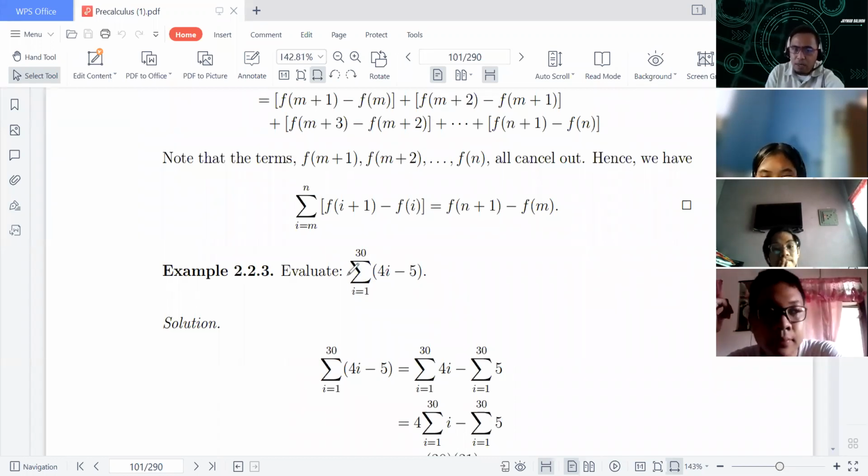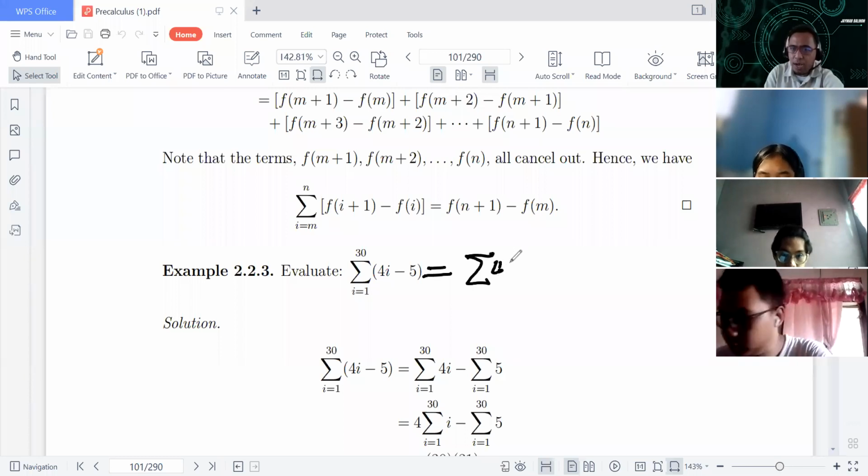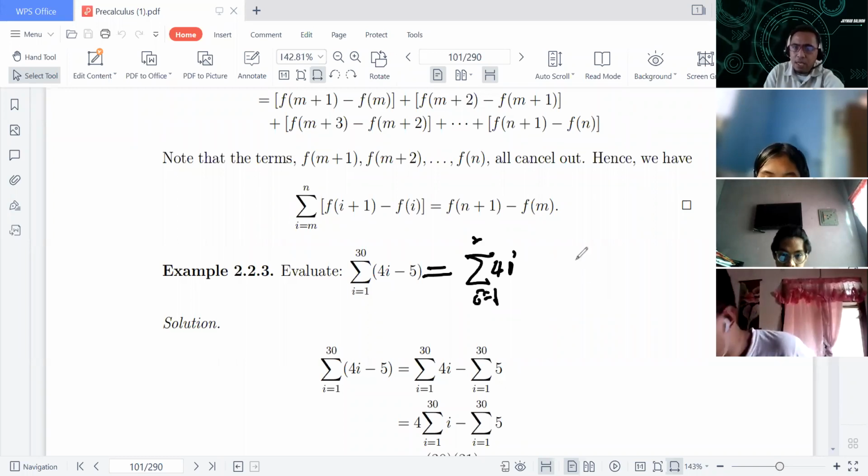First, the one to use first, class, is the sum of two functions. This is your f sub i, this is your g sub i. So this can be written as the summation of 4i, where i ranges from 1 until 30, minus the summation of 5, where i ranges from 1 until 30.